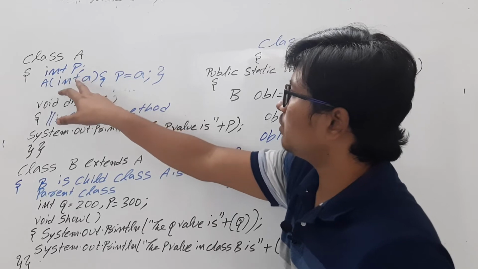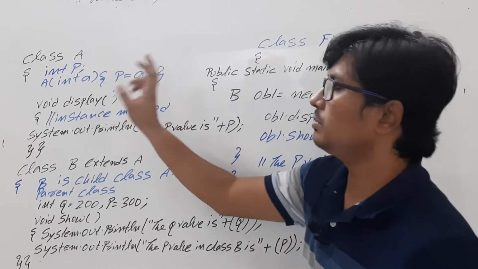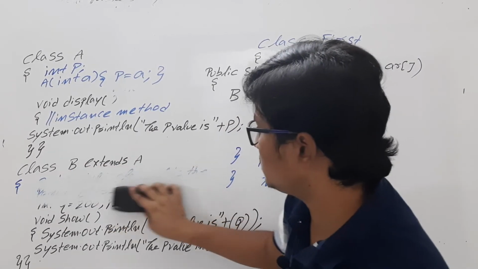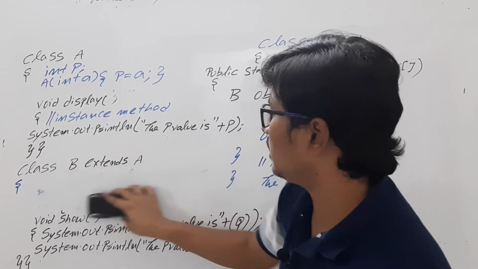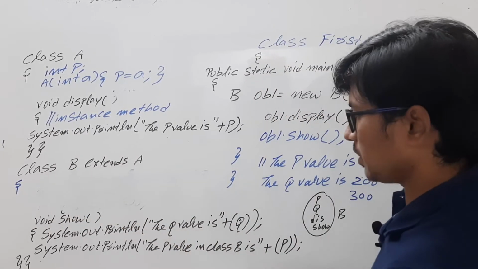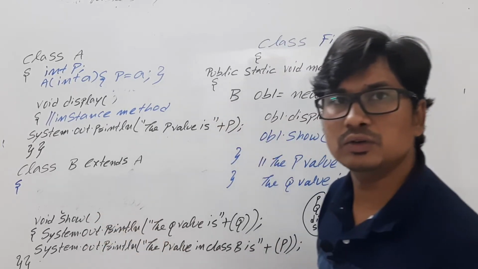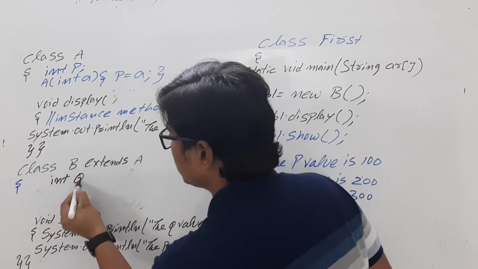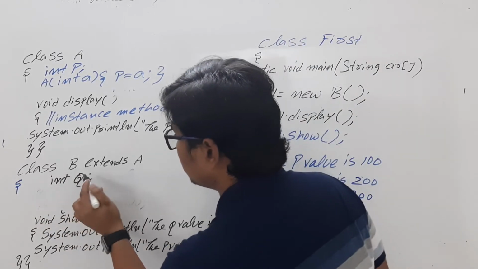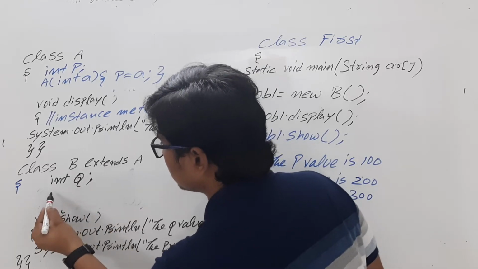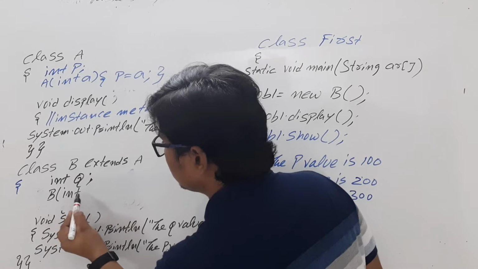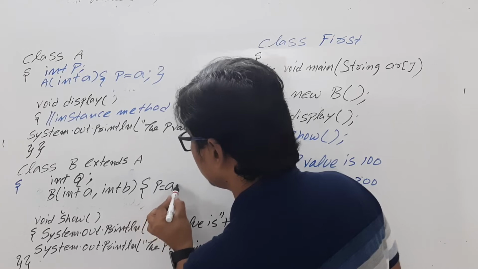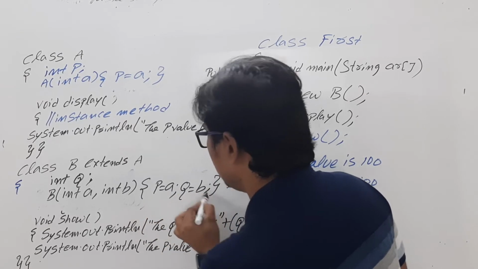And you know that whatever the A value you are initializing here, that will be stored in the variable called P. Similarly here also, what I will do is that I will erase this entire content and I will take a constructor called B. Okay, so now B is having the two variables called P and Q. So what I will do is that I will write int Q. Okay, int Q, and then you know that I can write int A comma int B, and let me write P is equal to A, Q is equal to B. Let me end this one.